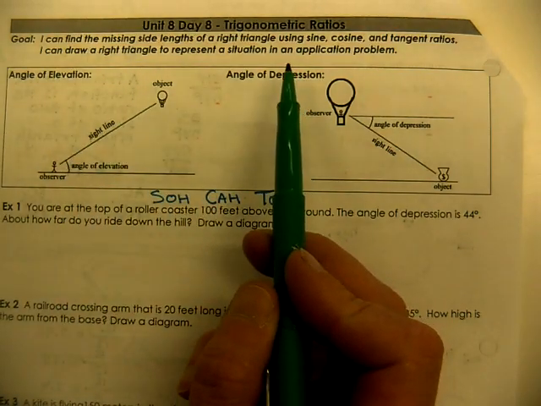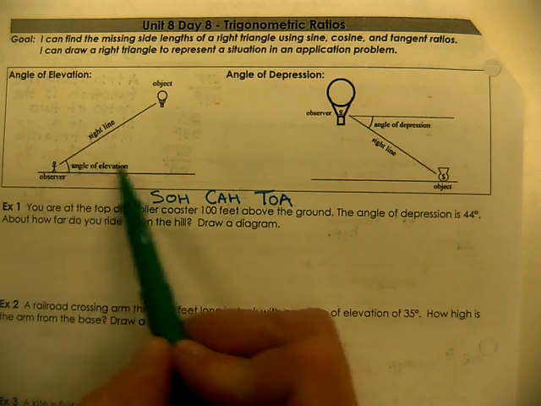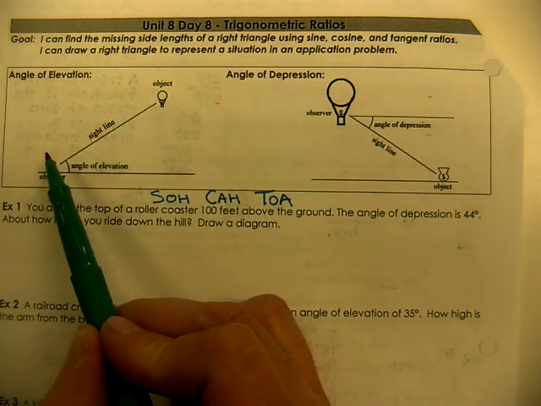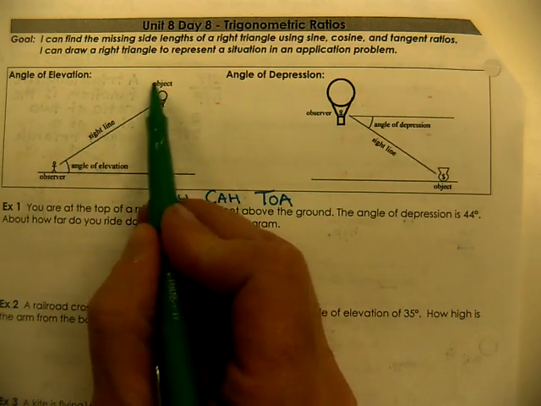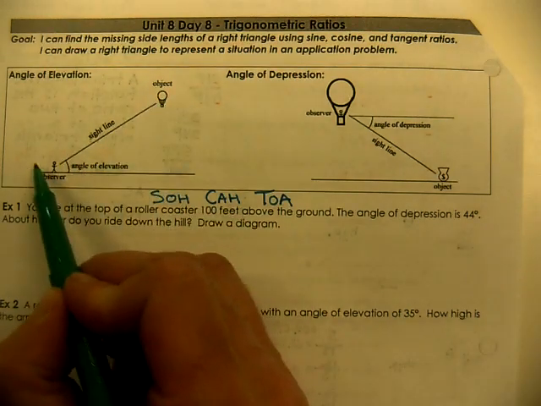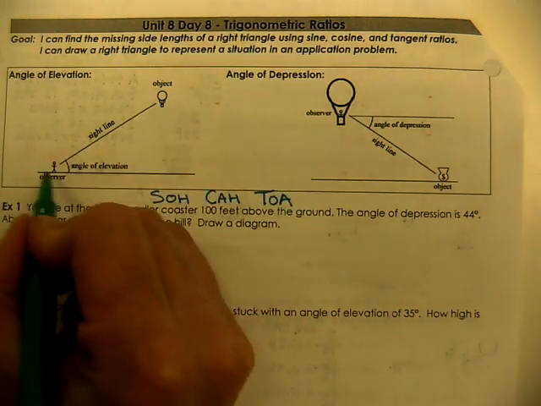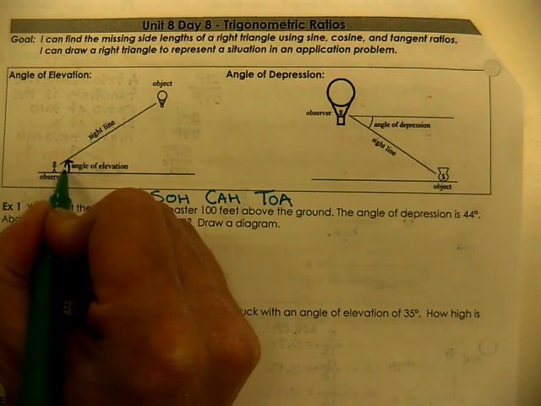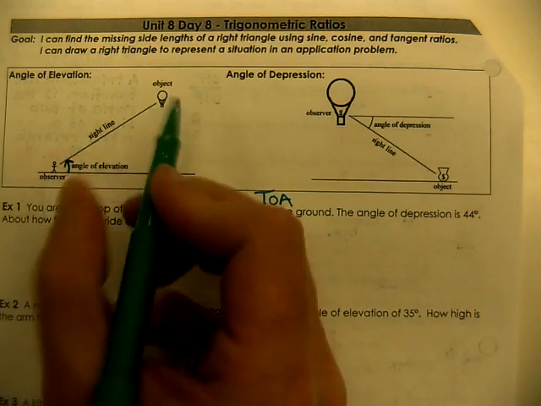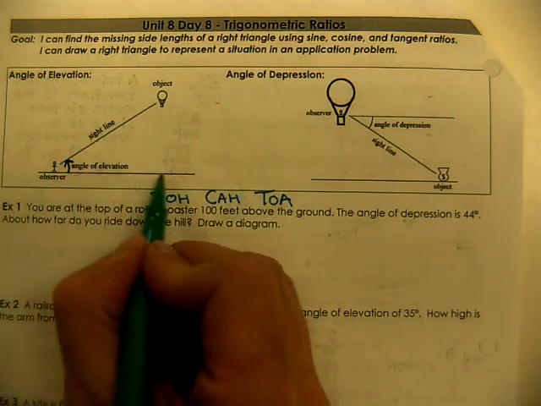Okay, first of all, we're going to encounter situations with either the angle of elevation or angle of depression, and you realize this is not a full triangle, but if you have an object that is above you, like this hot air balloon is above this person who's standing on the ground, then you could think of this person as looking upwards. They're elevating their gaze. So this angle here is touching this horizontal line.